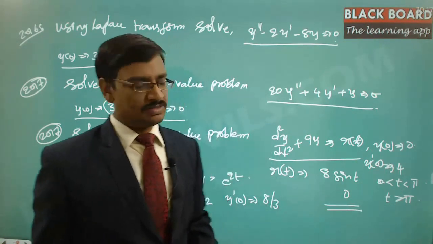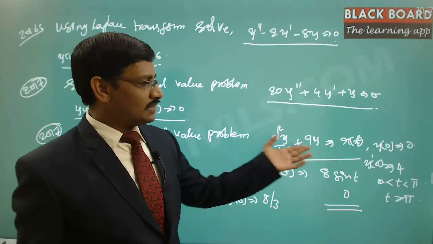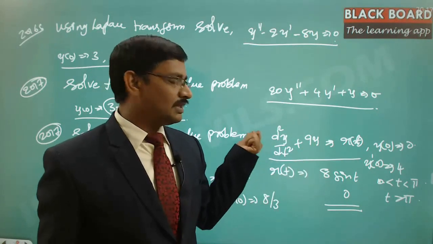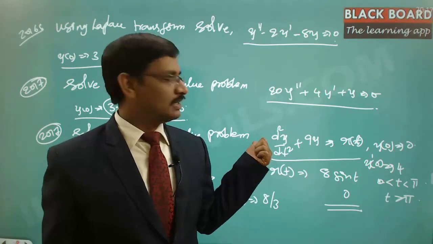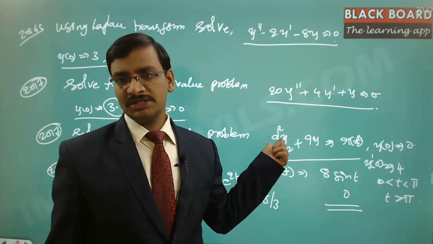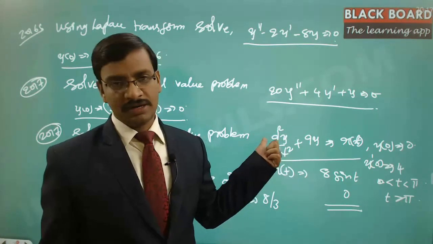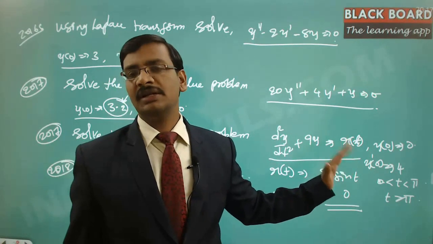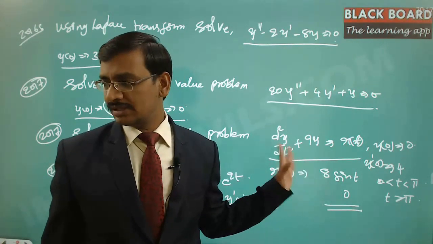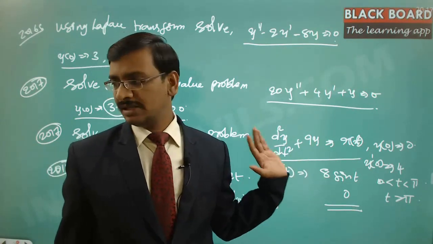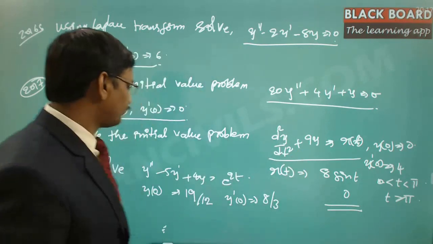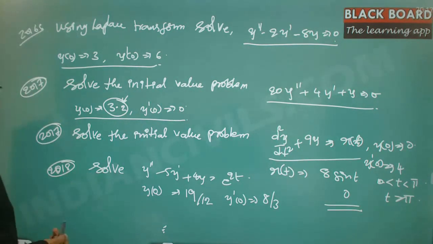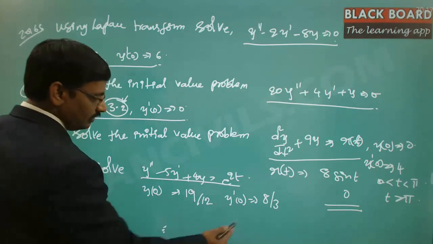So this is the difference. And once you find the Laplace transform, on the left side is the differential equation, hence you will apply the Laplace transform technique to identify y bar of s separately, and then take the inverse of it, you are going to get the same thing. So this also is exactly the same model, no difference. And in 2018 also it is exactly the same model, no difference.